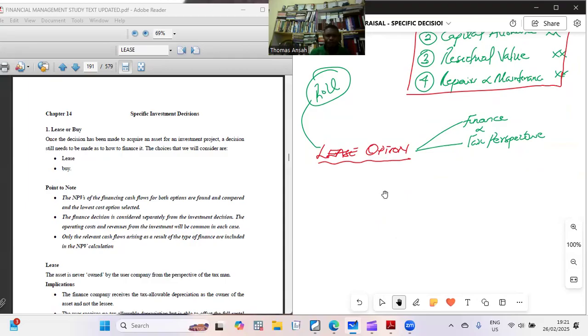But here, we are looking at lease in proper perspective, because party A doesn't go to party B to do the leasing of the asset. Here, we are looking at a system where party A goes to a bank.